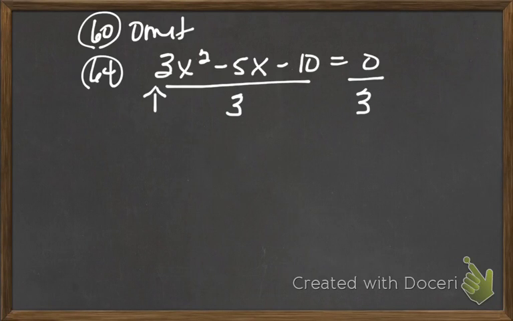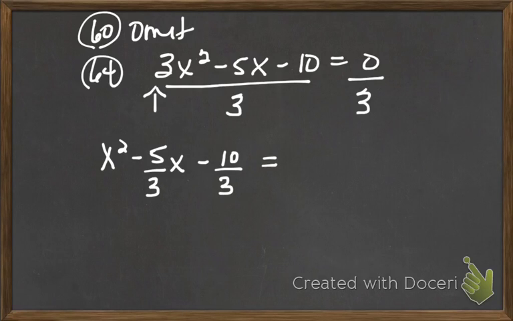So in this problem, it's a 3x squared, so you've got to divide both sides of your equation by 3, and you're going to get x squared minus 5/3 x minus 10/3 equals, what's 0 divided by 3? 0. Okay? For completing the square, the a value has to be a 1.